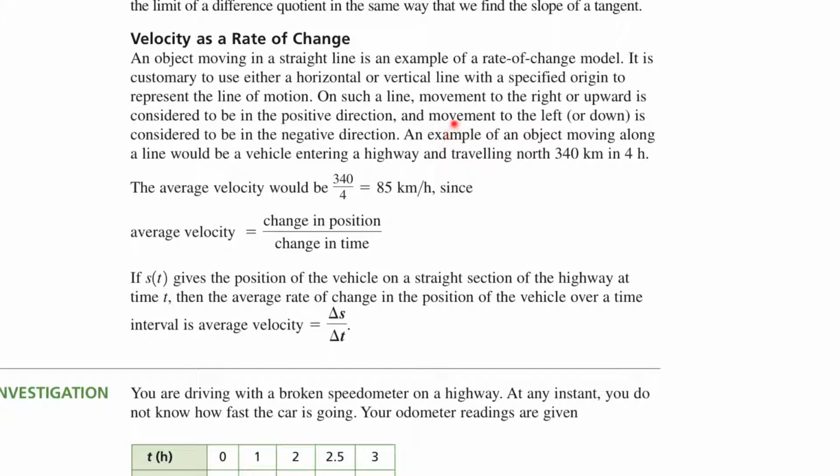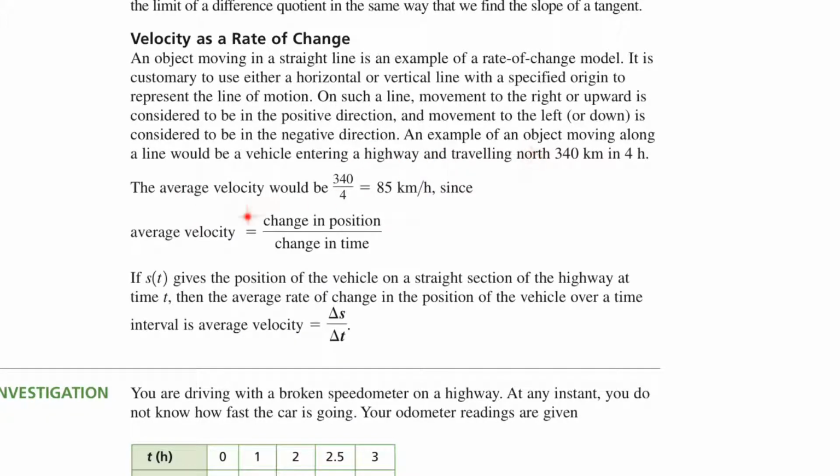Usually, we consider an object moving on a straight line, horizontally or vertically. The right side of the direction or upward is considered positive, and left side or downward is considered negative.